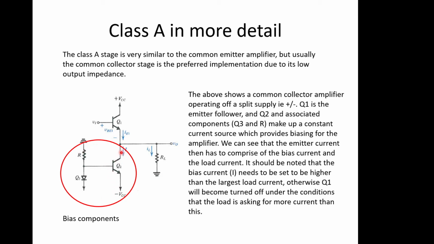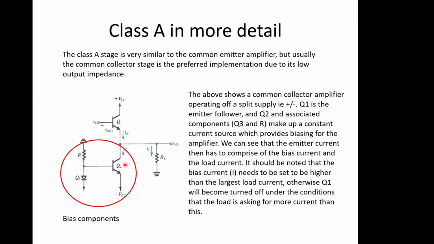So there's always this value of I flowing down here. The input signal is coming to this one. So this is looking like the emitter resistor of a common emitter amplifier, and this is our common emitter stage here. As the signals come in, we'll get changes in the current going down here. But the current here is fixed because this is a current source.